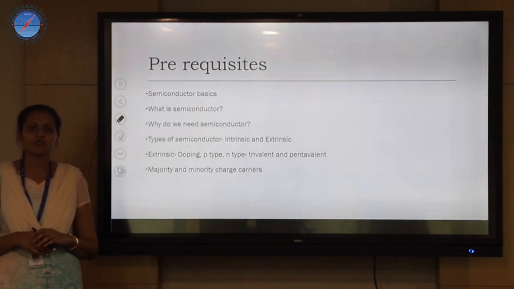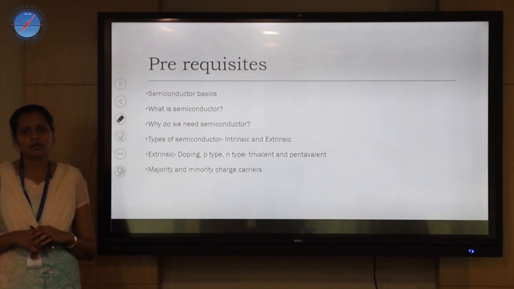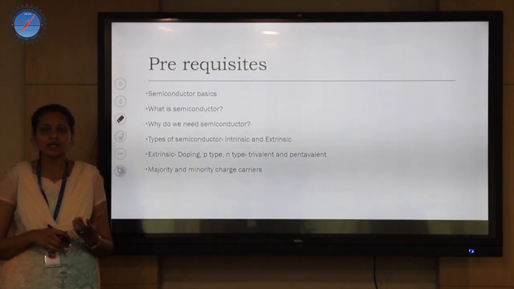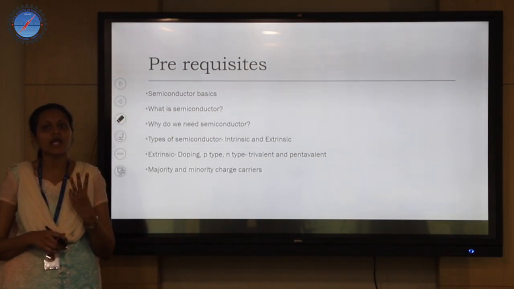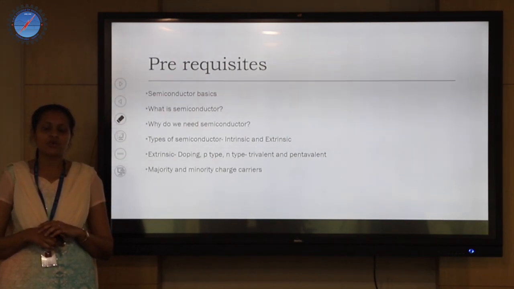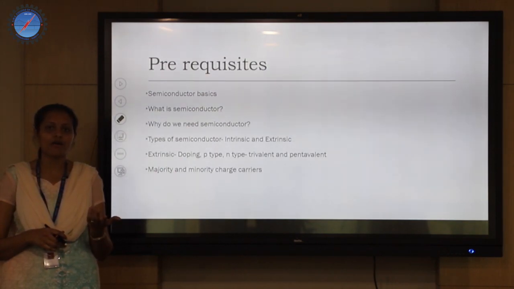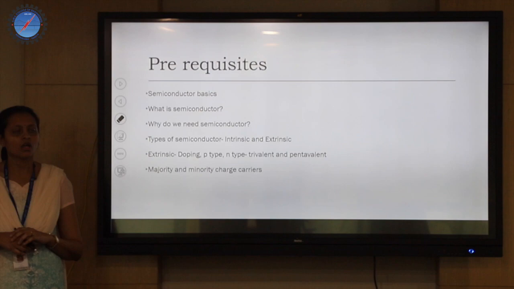When we add trivalent atoms into a pure semiconductor, we get p-type of material. Trivalent meaning the atoms which have 3 valence electrons or 3 electrons in the outermost orbit. Examples for trivalent atoms include boron. So these are trivalent atoms.